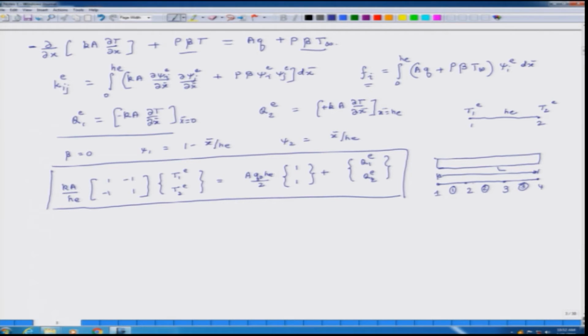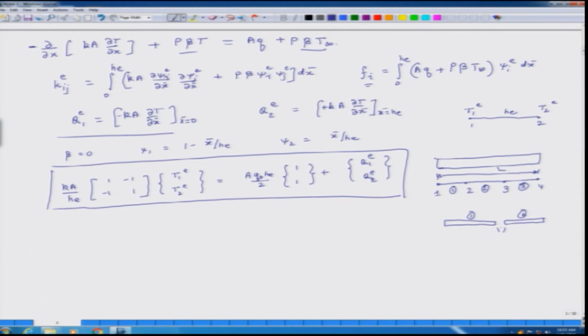So, I eliminate 2 variables from there, and I also know that whatever is the source term, whatever is the heat generated, suppose this is my first element and this is the second element, and in reality these 2 elements are sticking at this point, right.